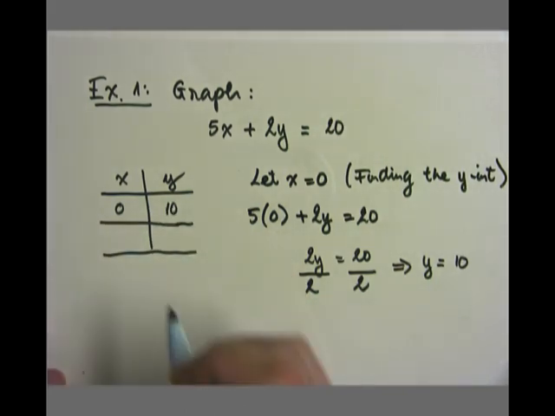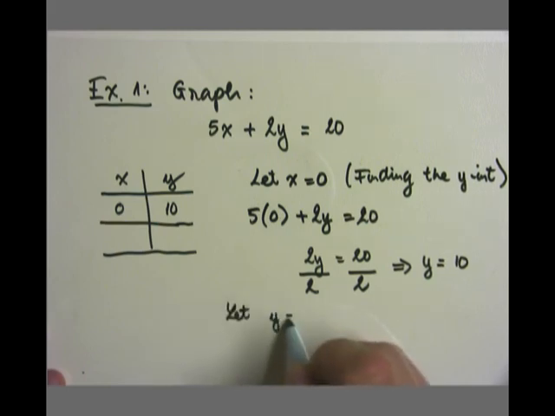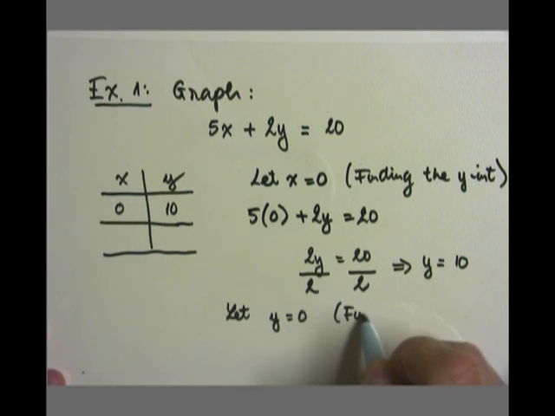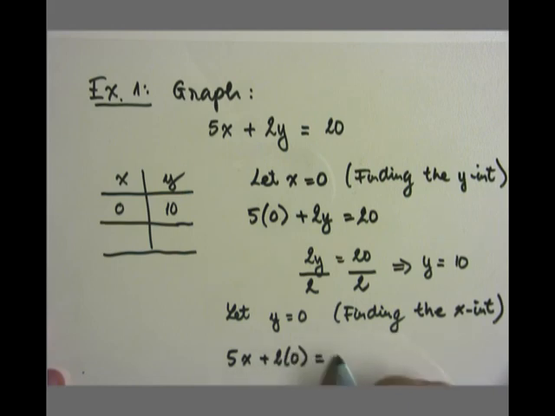So now on the other hand, we're going to start out by letting y equals 0, and by letting y equals 0 we're trying to find the x-intercept. I'm plugging the value of y into the equation, so my equation becomes 5x plus 2 times 0 substituted for y equals 20.